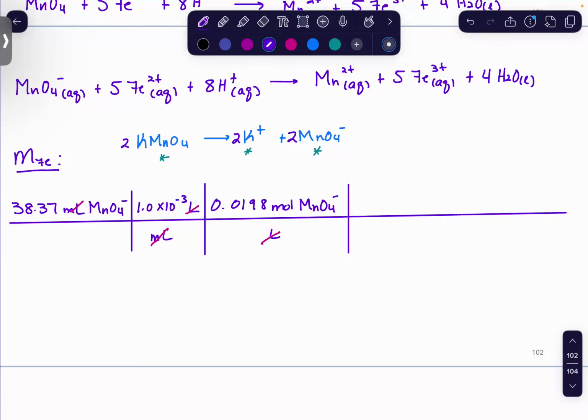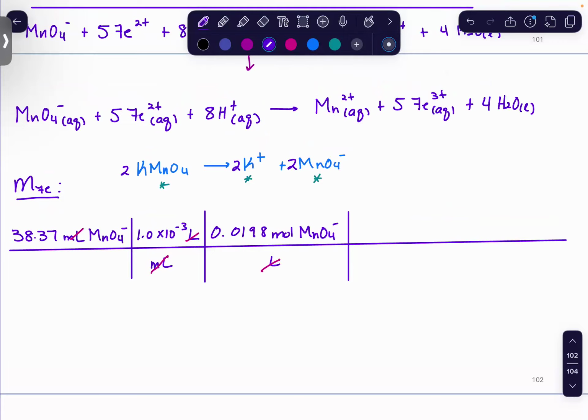Then I look at my equation, the redox equation we just balanced. I see 1 mole of the permanganate reacts in a ratio with 5 moles of iron. So iron 2, but from this point, we're just going to call it iron. And so your permanganate's gone.